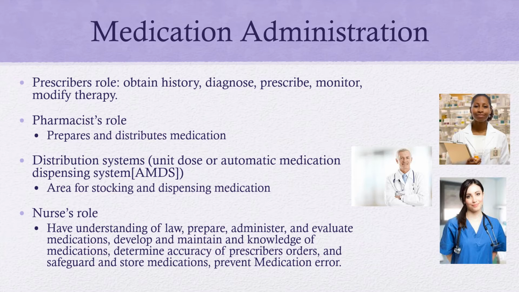We need to understand how to prepare it, how to administer it, and then also how to evaluate it. We need to develop and maintain our knowledge of medications, and we also need to determine the accuracy of the medication and safeguard that medication in storing it appropriately to help prevent any medication errors.